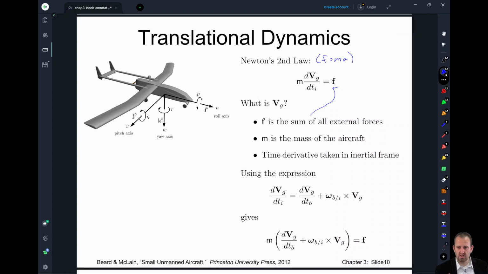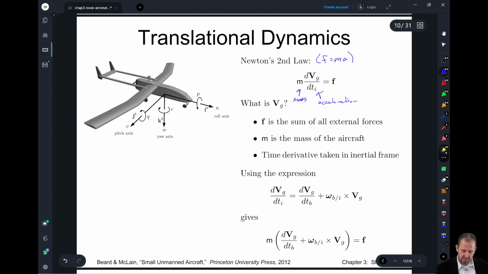We're going to clump all of our forces into this one vector, and in a future lecture we'll talk about where those forces come from. m is just the mass of our aircraft. And this term is the time derivative of our ground frame velocity, or in other words, our acceleration.